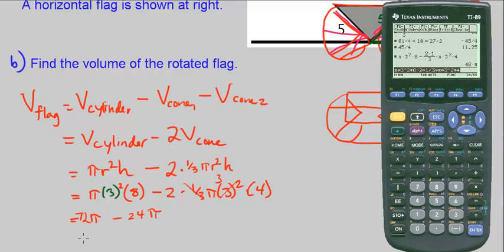Alright, so that gives us 48 pi, and volume is not units squared, it's units cubed. Alright, so that's going to end for us finding the volume of the rotated flag region. Ending CPM Calculus Chapter 4, number 113.